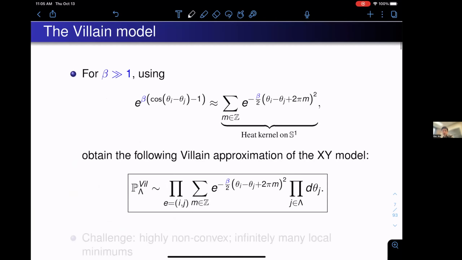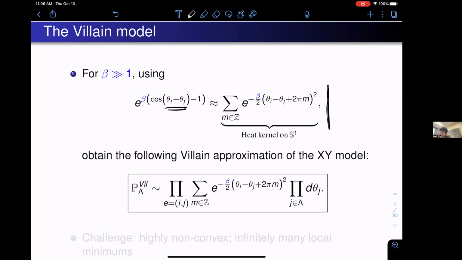This is called the Villain model. For the XY model at very low temperature, you would expect the nearest neighbor angles to be quite aligned with each other in order to minimize the energy. For that, you can use the following approximation of e to the beta cosine by this thing.